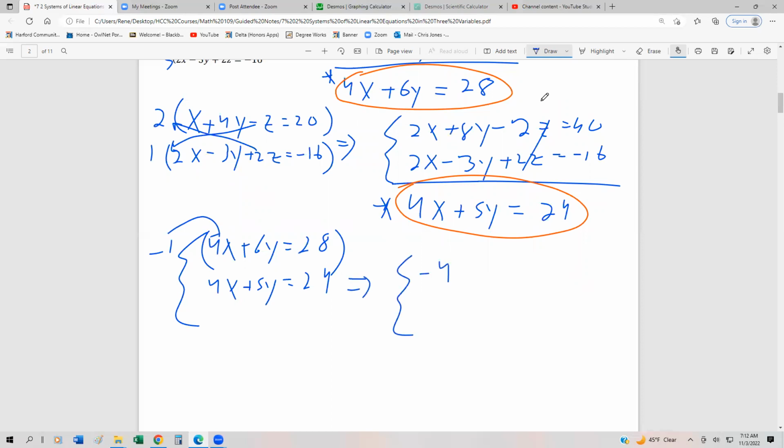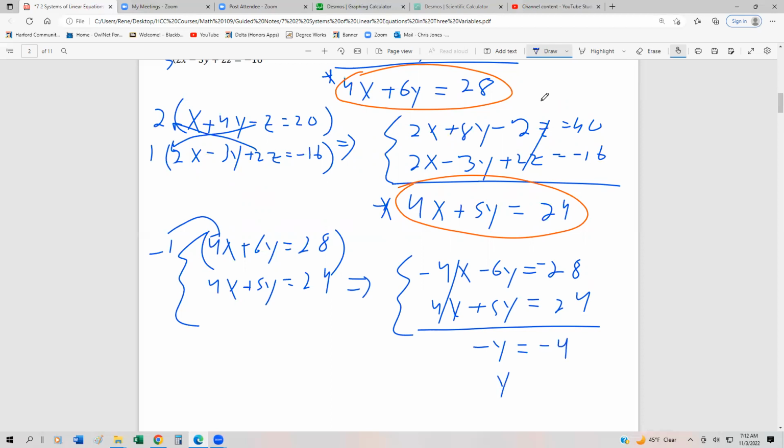So I would get negative 4x minus 6y is going to be negative 28, and then 4x plus 5y is going to be positive 24. These cancel. Negative 6 and positive 5 is a negative y. Negative 28 and positive 24 is a negative 4. And so that means that y is going to be equal to 4 for us.